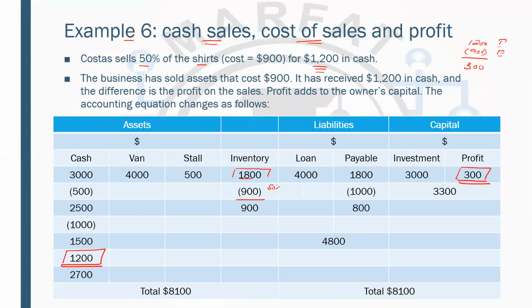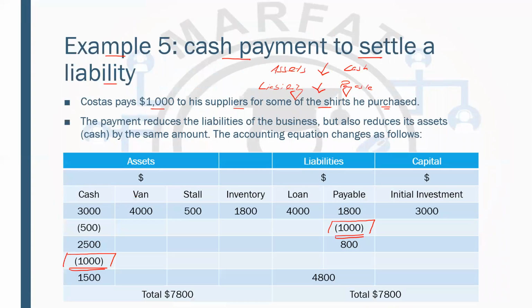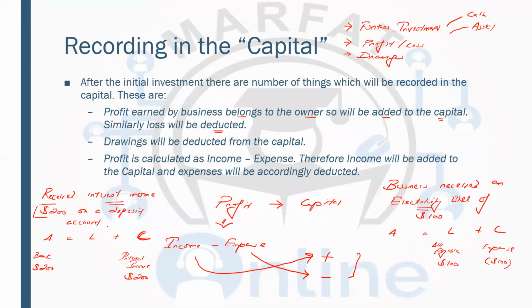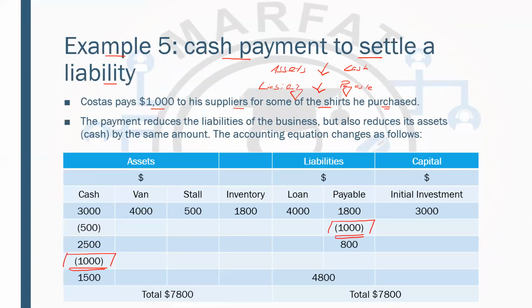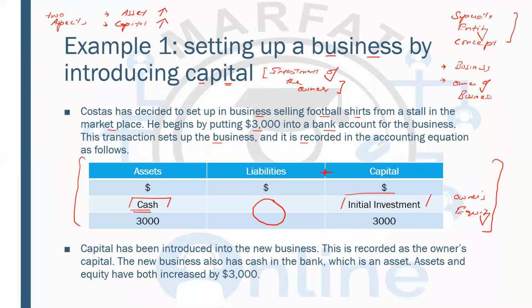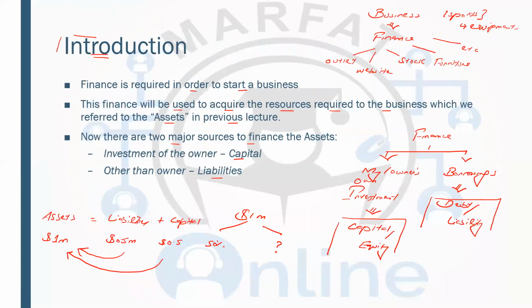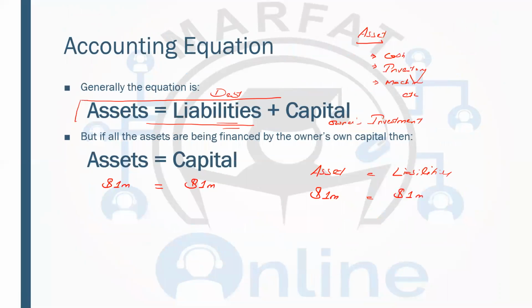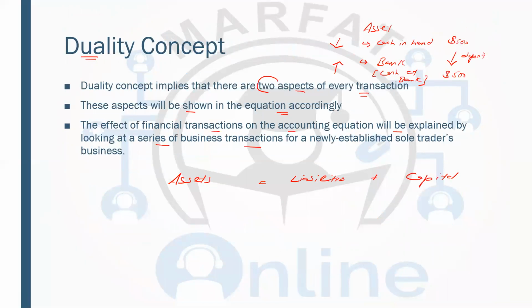We have seen many examples, and we have plotted those things into the equation. Make sure you get the concept of the accounting equation. It starts with the business financing its assets from two sources, then there is the standard form of the equation, and the duality concept: whenever the business does a transaction, it has two aspects, and those aspects will be shown in the accounting equation.